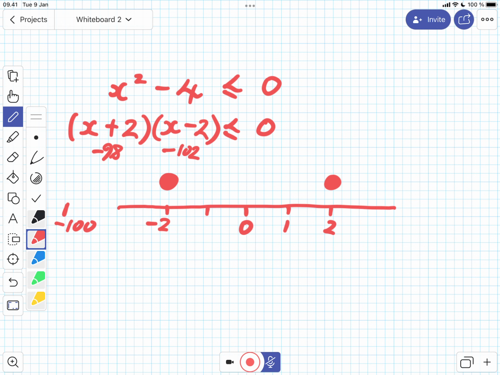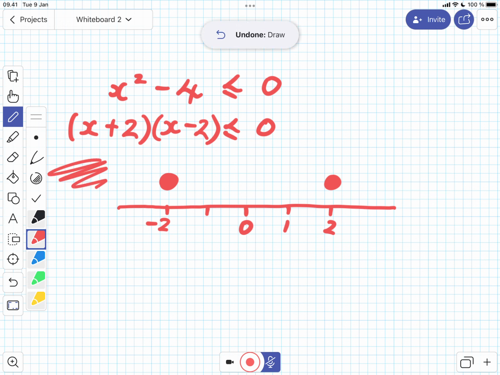So you'd get minus 98 times minus 102, minus times minus, and that would be a plus. So down this end of the number line, you'd get the whole thing being positive. So at the top end here, a big plus times a big plus gives you a positive number. At the bottom end here, a big minus times a big minus gives you a positive number.